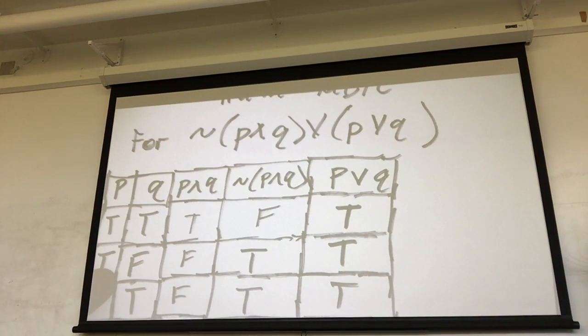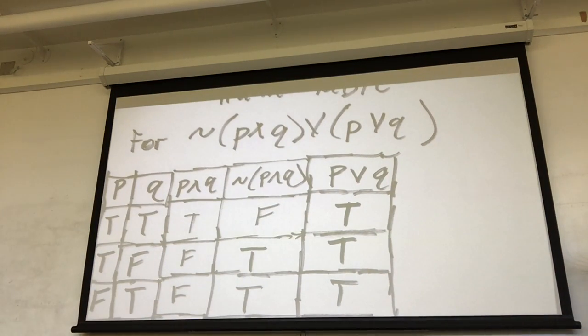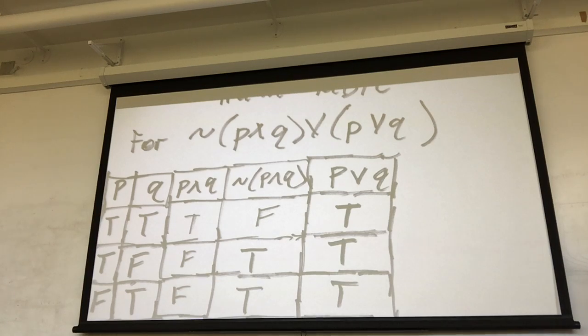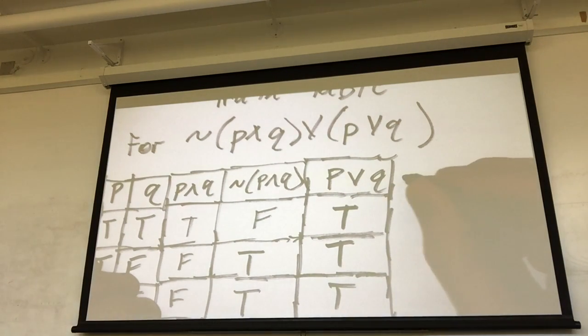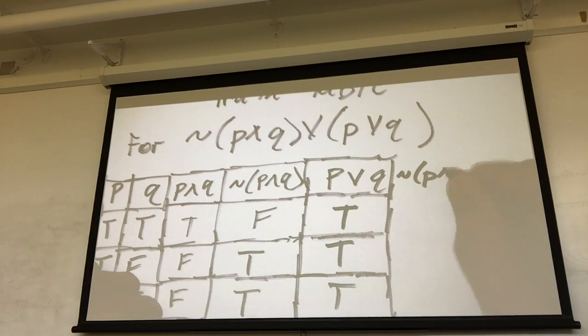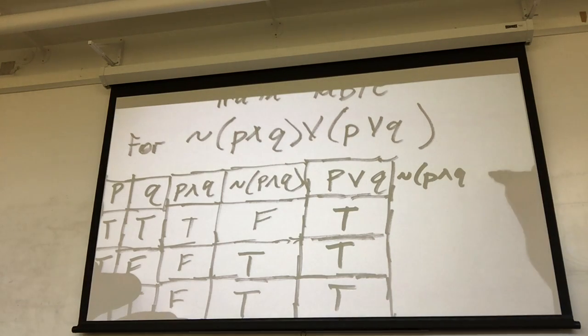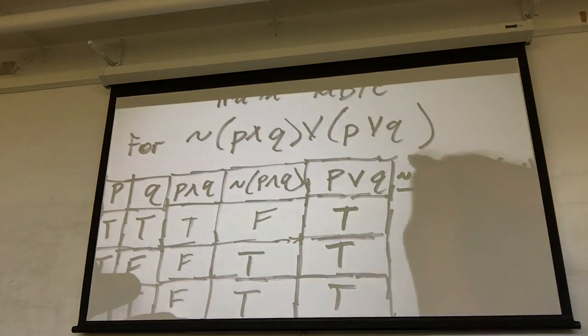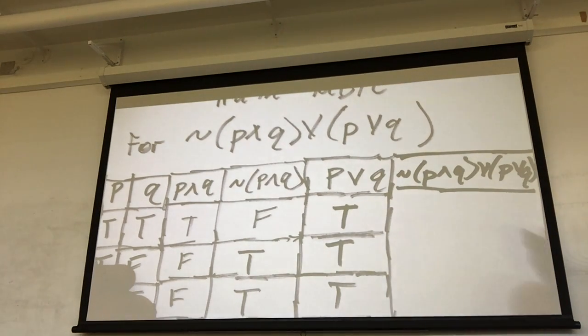I think I can fit this on this page. So we're going to say the negation of P and Q union with P union Q. This is the problem that we began with.